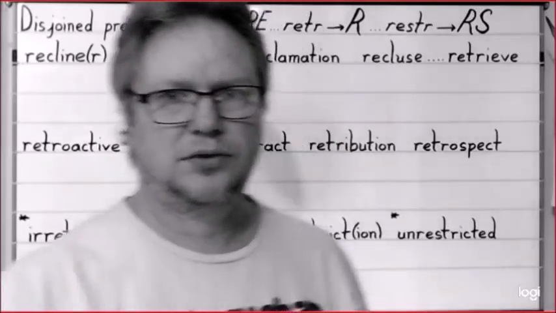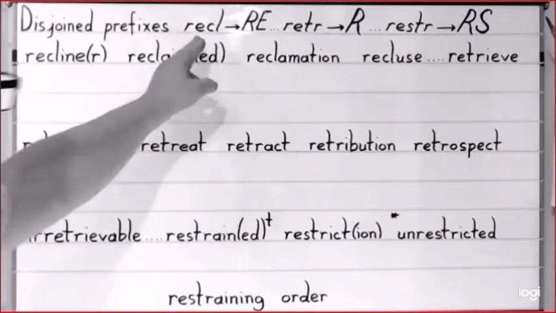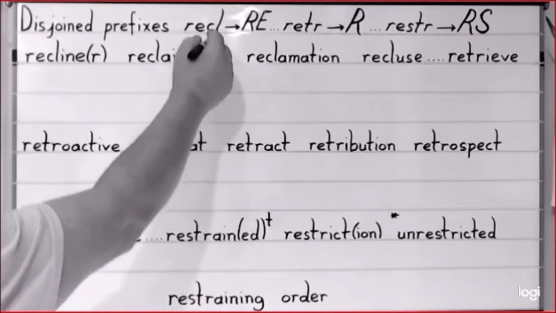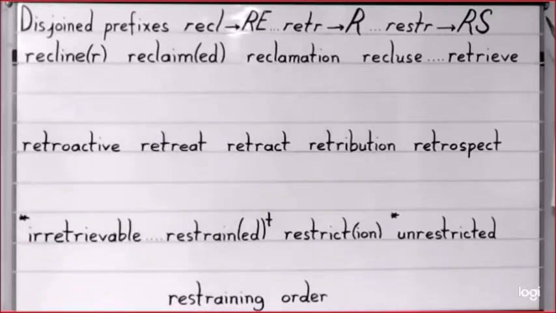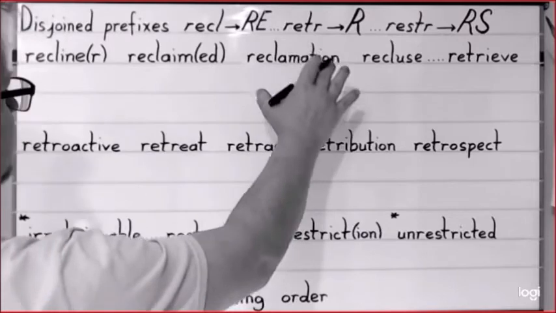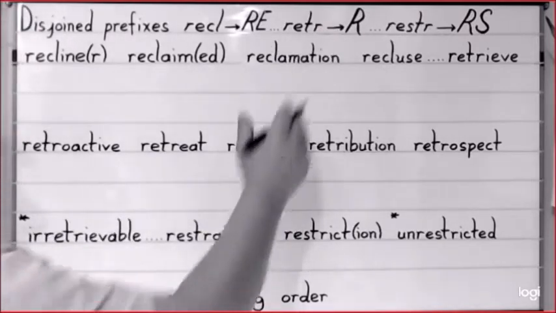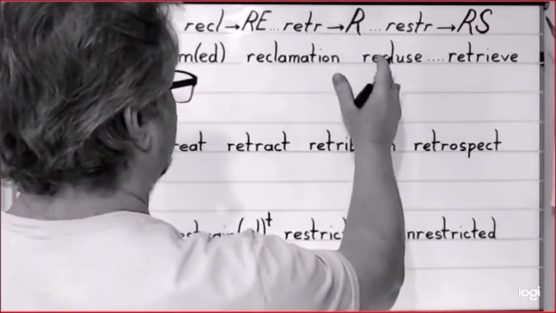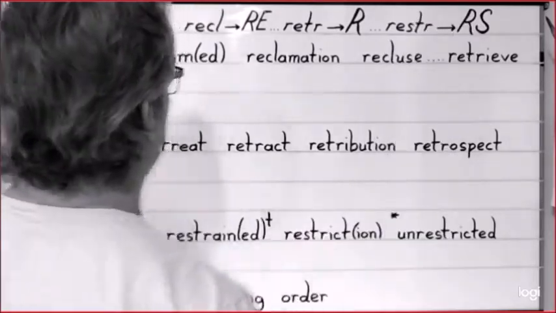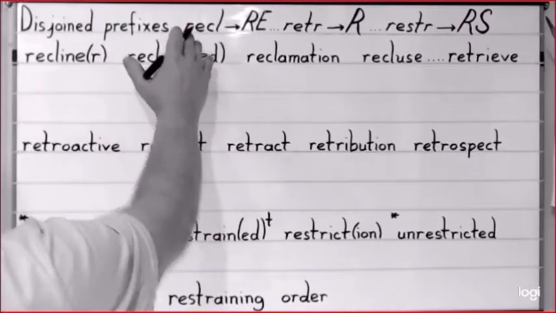The disjoined prefixes, reclu, or R-E-C-L, is represented by an R-E. Retr, or R-E-T-R, is expressed by a disjoined R. And then restr, or R-E-S-T-R, is represented by an R-S. So we'll start with the reclu.